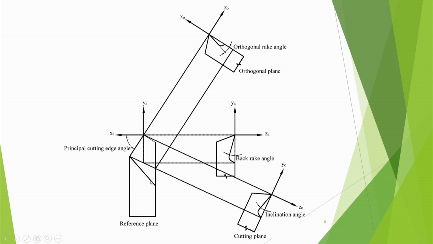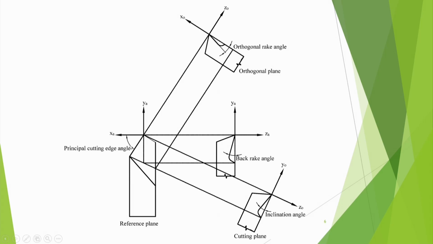In that case, how can we go about that? I will have to make one reference plane which can be considered common in both the systems. In the reference plane, when I take the view of that tool, I will be getting the principal cutting edge angle.